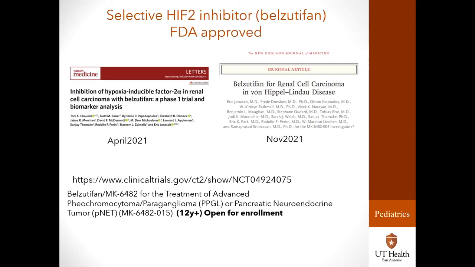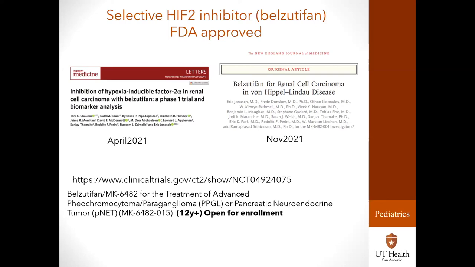And the promising responses that were observed, including an objective response rate in renal cell carcinoma of about 50%, an impressive response of almost 80% in patients that also had associated pancreatic neuroendocrine tumor, and about 30% of response in patients with hemangioblastoma.